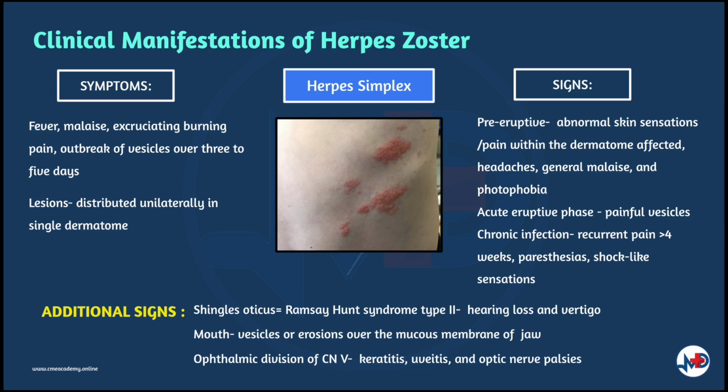On examination of the mouth, you may notice vesicles or erosions occurring over the mucous membrane of the upper or lower jaw. There also may be signs of ischemic necrosis, osteonecrosis, tooth loss, and periodontitis. When the ophthalmic division of the trigeminal nerve is affected, you will see signs of keratitis, uveitis, and even optic nerve palsies.